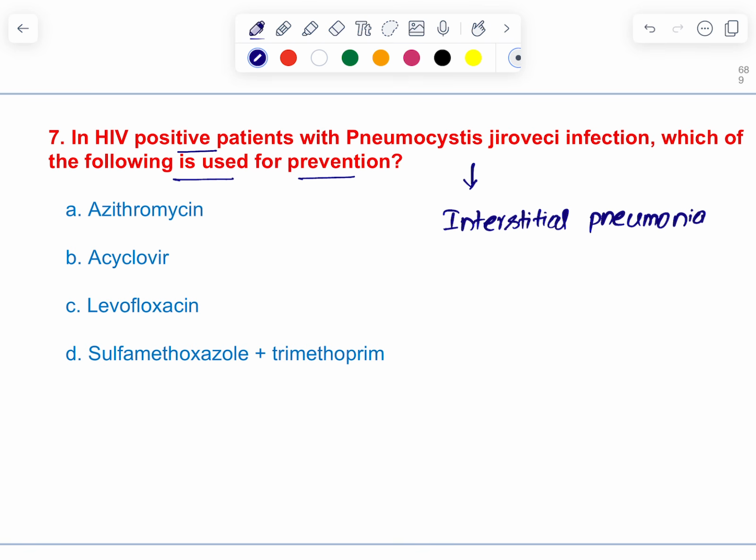The drug of choice for PCP pneumonia is trimethoprim-sulfamethoxazole.